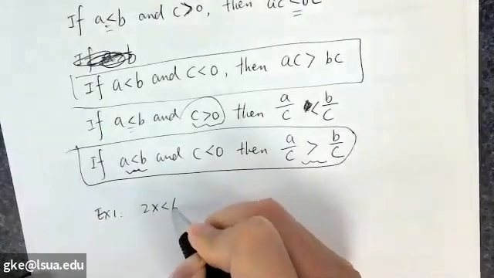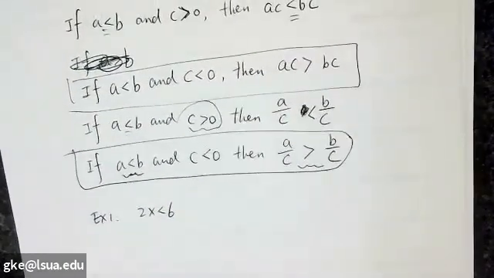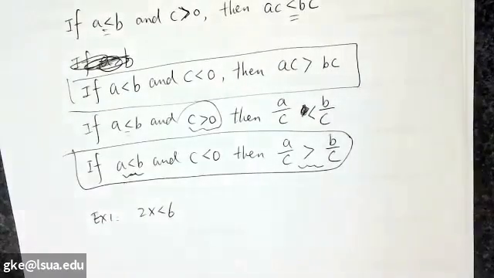2x less than 6. What are you going to do? Usually when we solve this type of problem, we want to divide by 2 on both sides, right? That's how we solve a linear equation, the same thing.